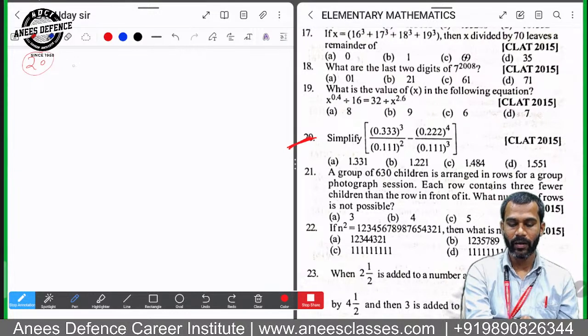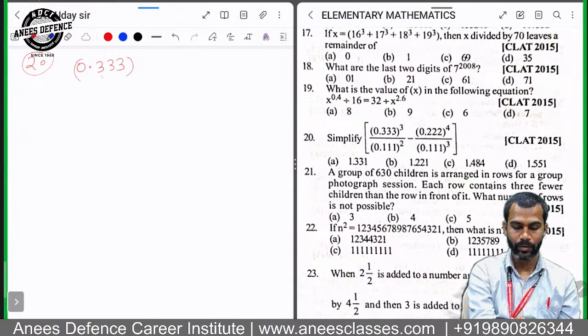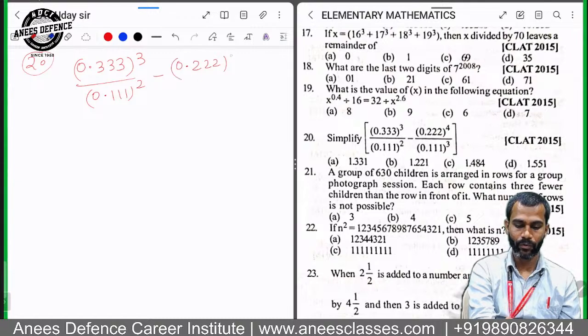So 3 cube will come out. Let me write the question first: 0.333 whole cube divided by 0.111 whole square, minus 0.222 whole power 4 divided by 0.111 whole cube.